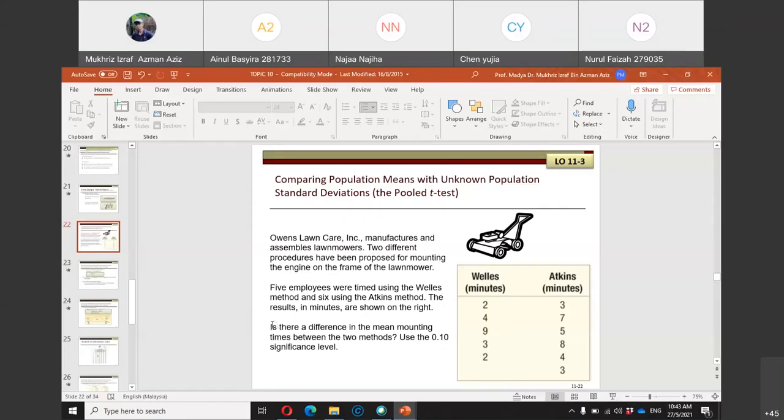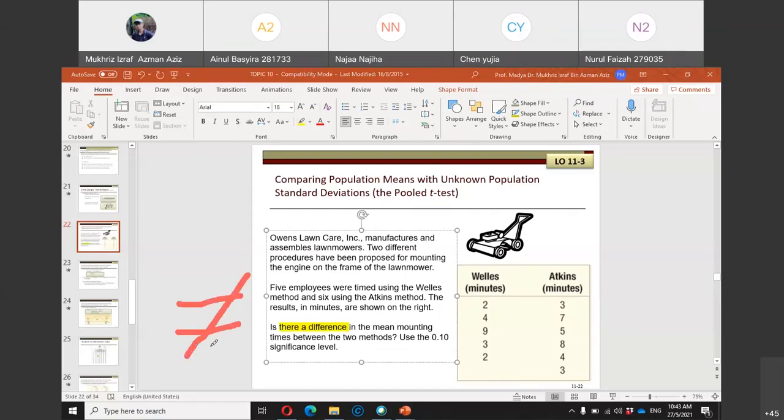Is there a difference? So the keyword here is, is there a difference? As what we did before in the previous chapter, the notation for H1 will be not equal to. Is there a difference between the time of the 2 methods? So when it comes to is there a difference, meaning that you need to take the difference between the 2 mean values of Wellis and also Atkins, in this case.